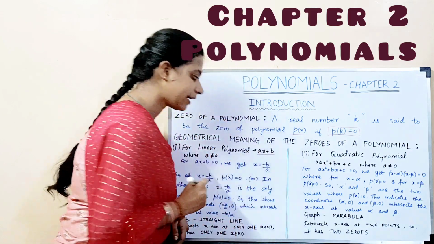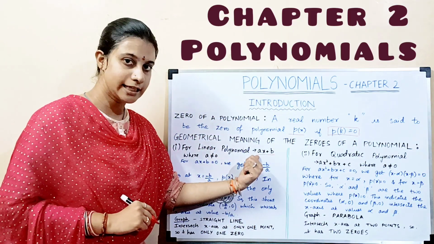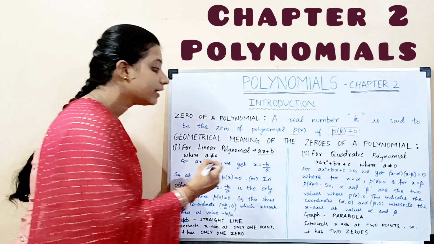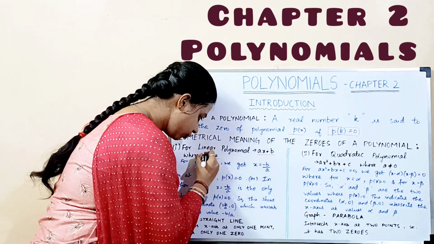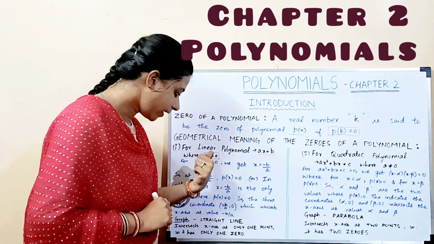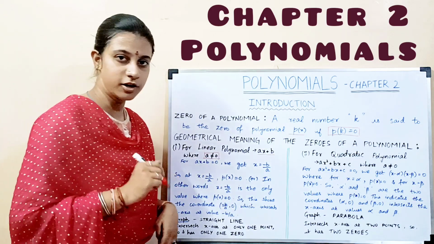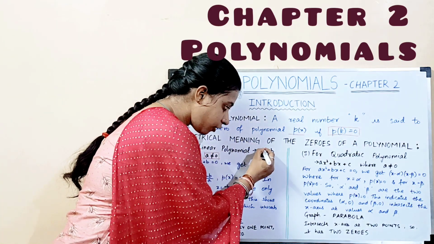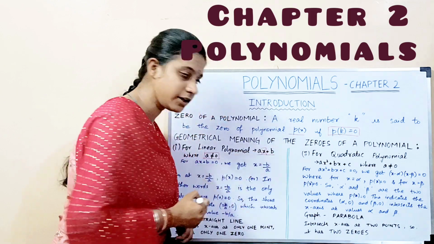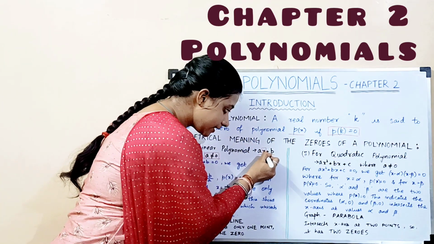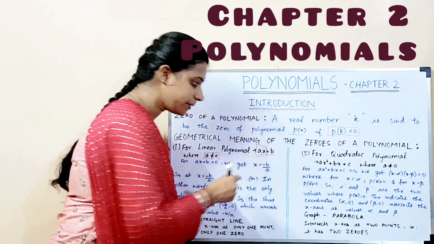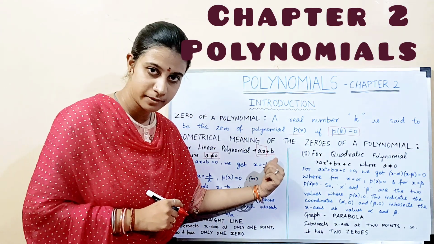Any linear polynomial can generally be represented as ax plus b, where a should not be equal to 0. Why should a not be equal to 0? Because if the coefficient of x becomes 0, then this term will get eliminated and only the constant will remain.